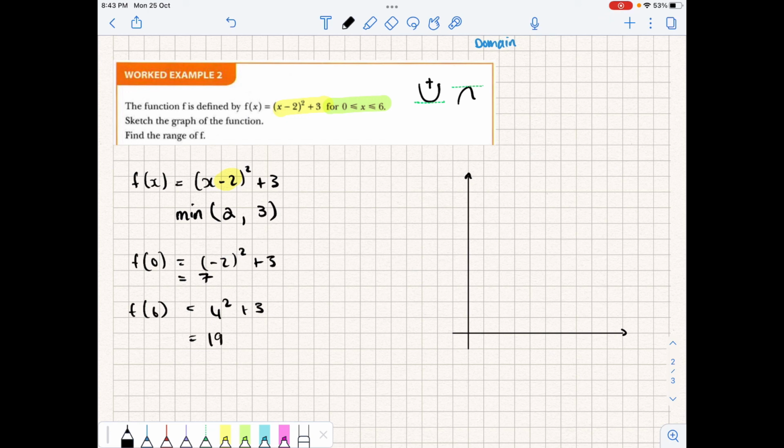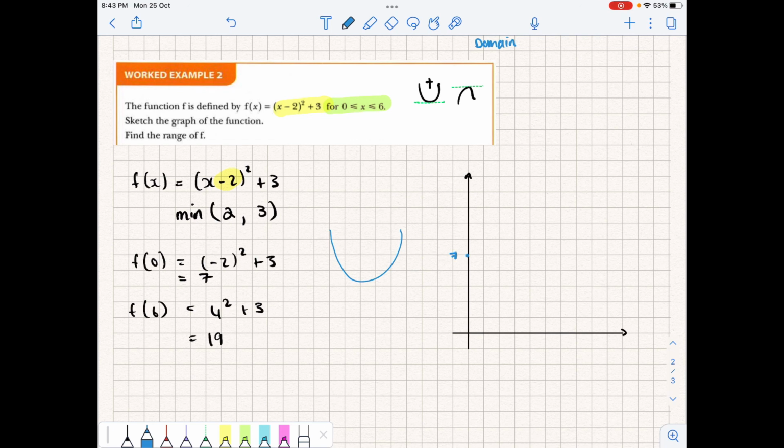Okay, at this point we have all the information that we need to draw the quadratic. So we know that the quadratic is going to have some shape like this. We're not going to have the whole quadratic because of this domain restriction. So we can start putting in the coordinates that we know. We know that the y-intercept is going to be at 7.